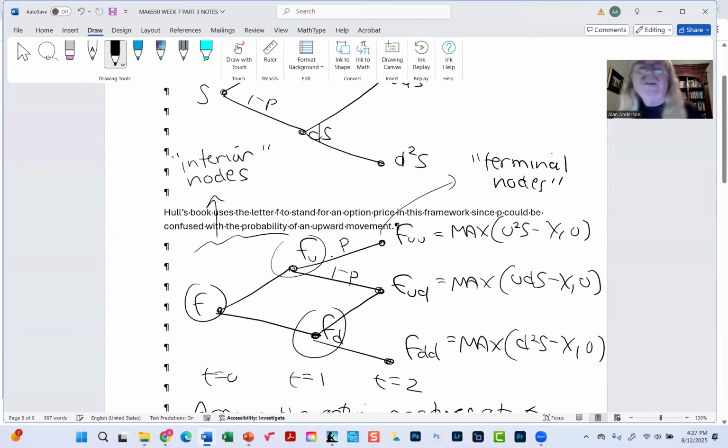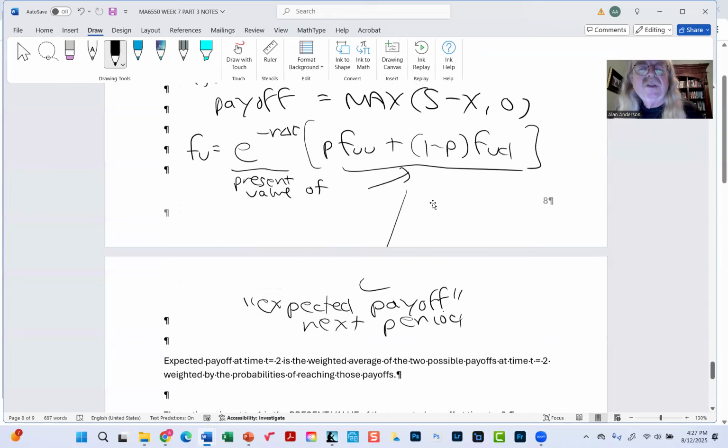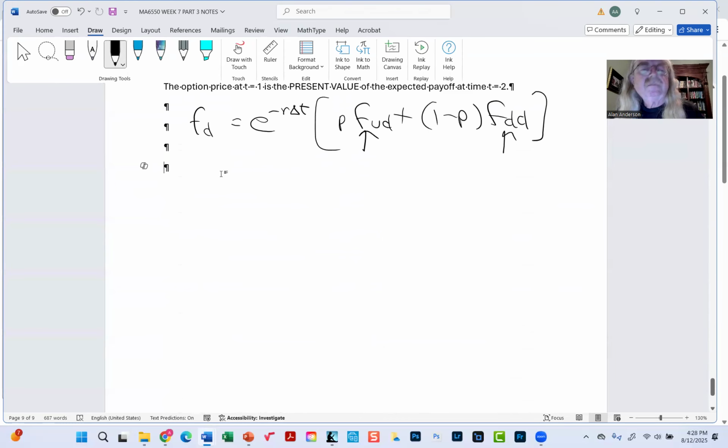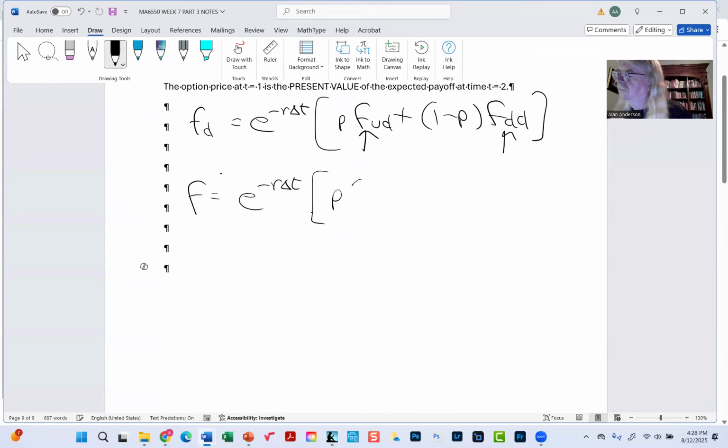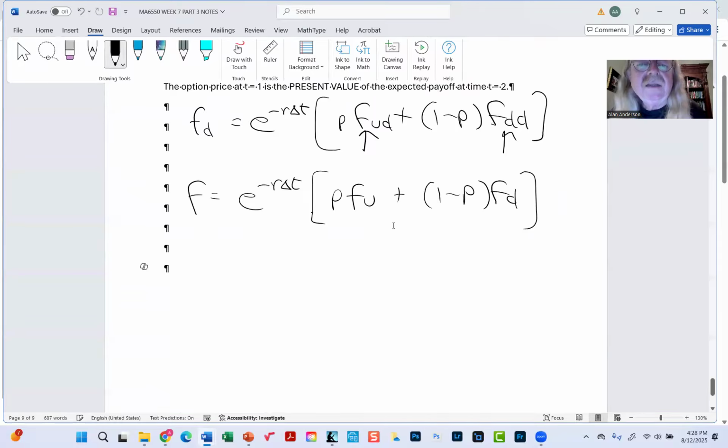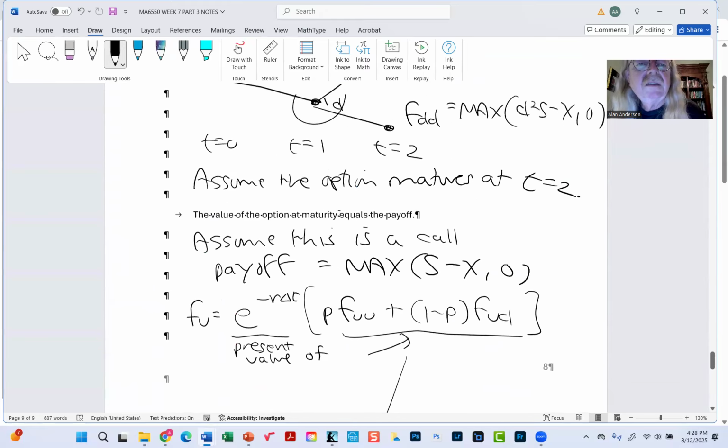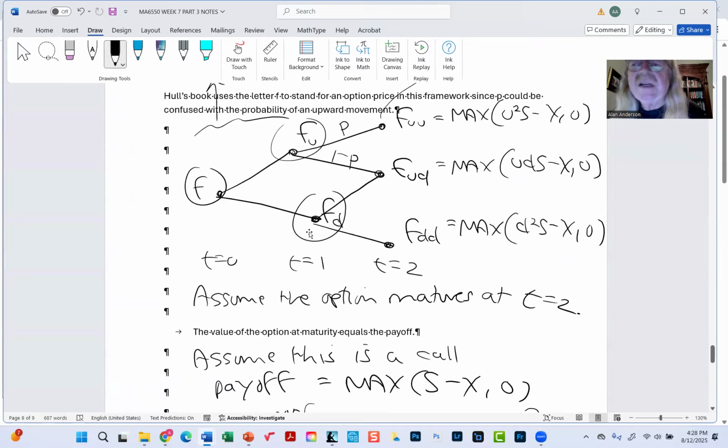And that just leaves the price today of this option. This is what we're looking for. This is what we want. F would therefore be... Okay, so from here, we can only reach up to F_U or down to F_D.